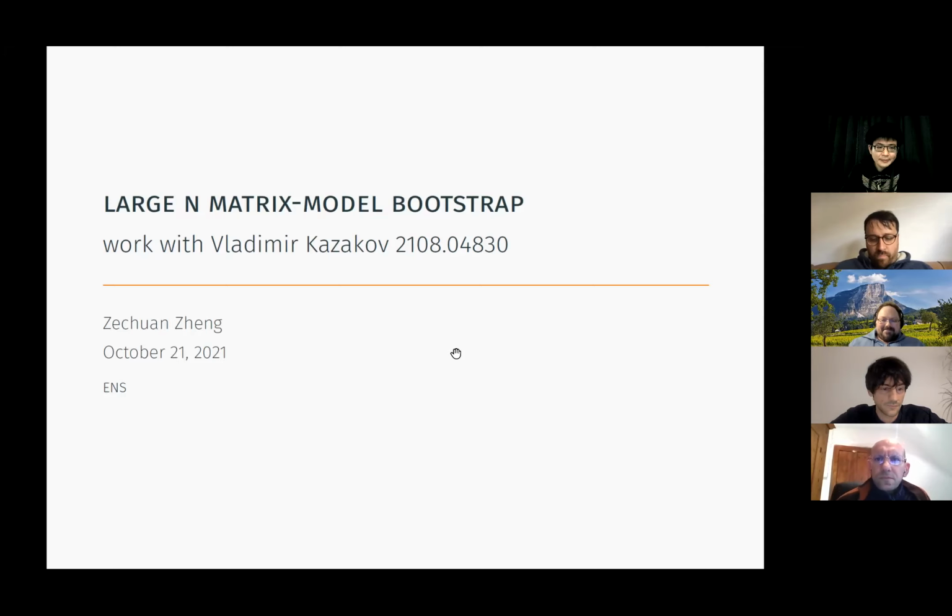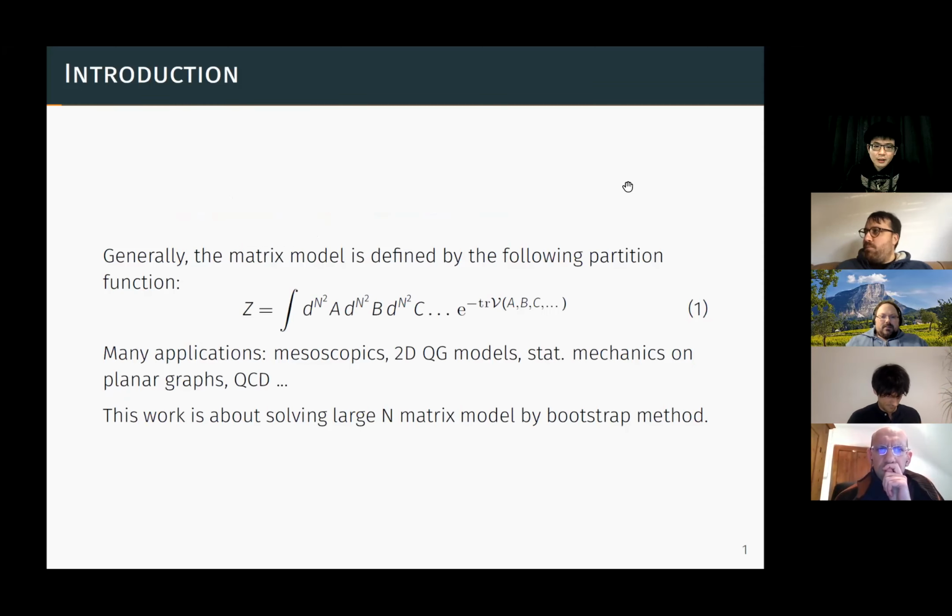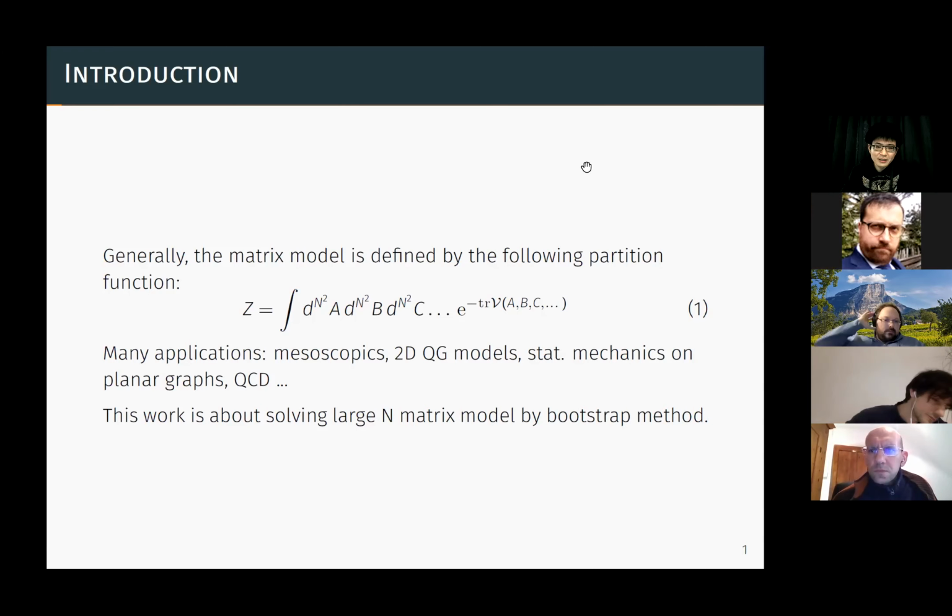Hello everyone. I'm going to discuss my recent work with my supervisor Vladimir Kazakov on the large N matrix model Bootstrap. So, what is a large N matrix model? It's models defined by the following partition function.